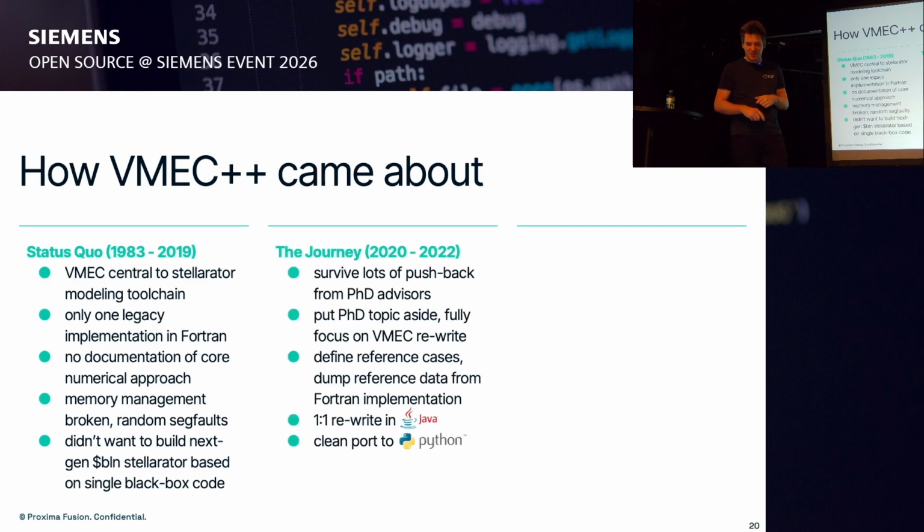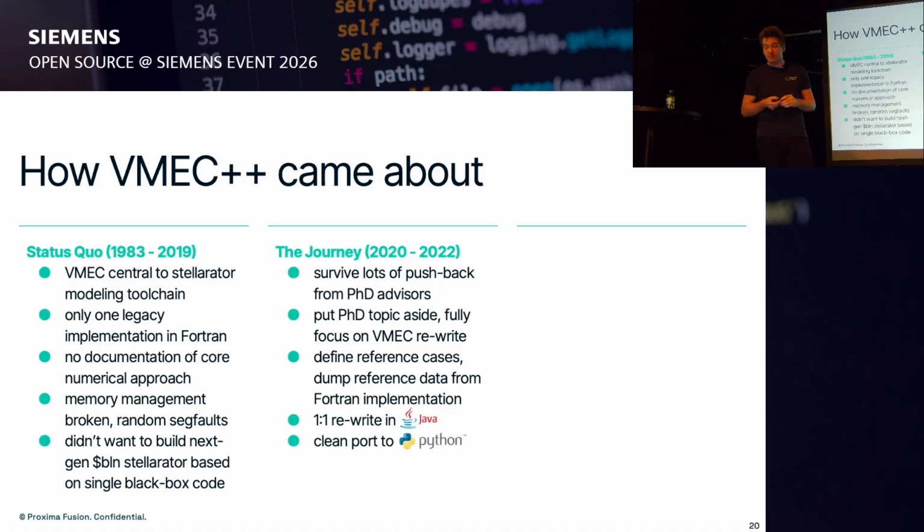No. So the journey. I started in 2018 with my PhD thesis, and for the first year or so, I listened to what my supervisors told me. And then I thought, hey, I really need VMEC, and I don't want to do it with this legacy Fortran implementation. So I suggested openly to do something about it: analyze it, rewrite it, clean it up.